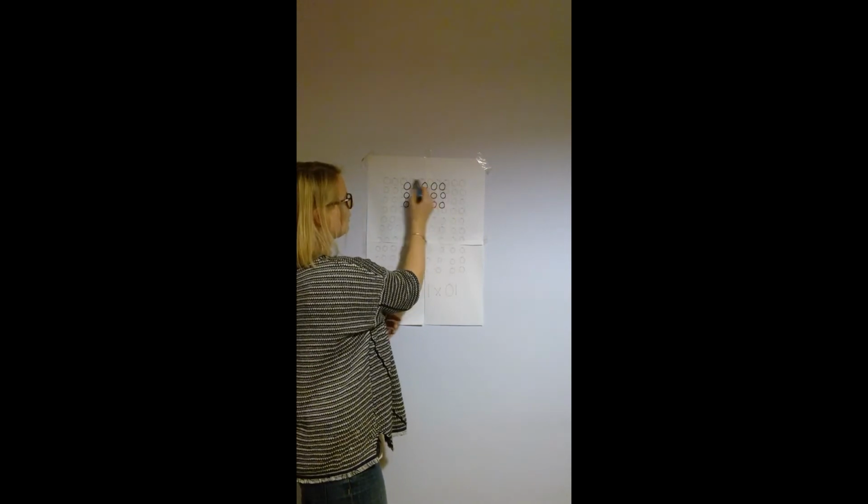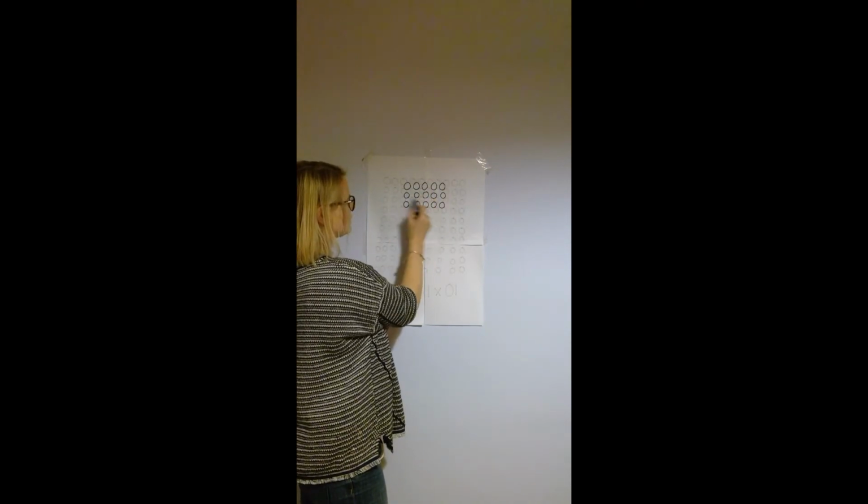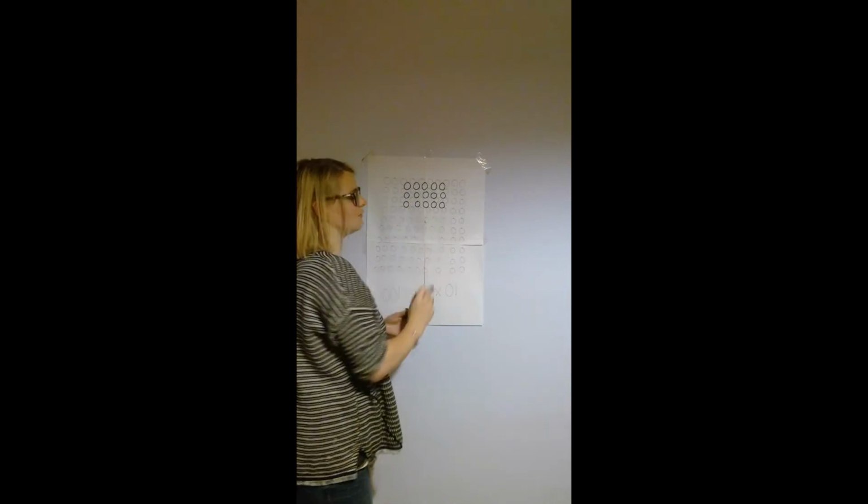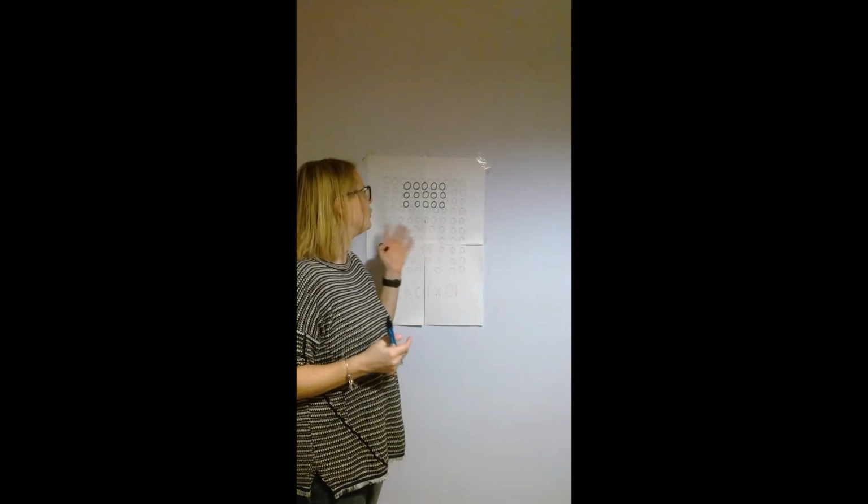So I've got 1 group of 5, 2 groups of 5, and 3 groups of 5, because it was for 3 feet. How am I going to write my number sentence for 3 groups of 5? Pause the video, have a go at writing on your scrap piece of paper.